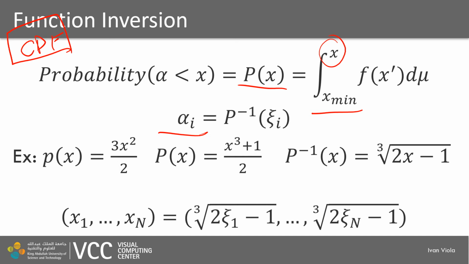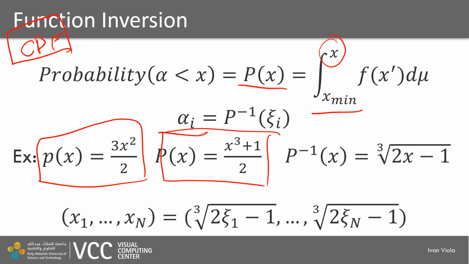So let's have a look at some probability density function p(x) described through this formula. If we now integrate this probability density function into the cumulative distribution function, capital P(x), we will have this value, and we simply have to find an inverse function to this function so that we can find some fair samples which follow this probability density function.